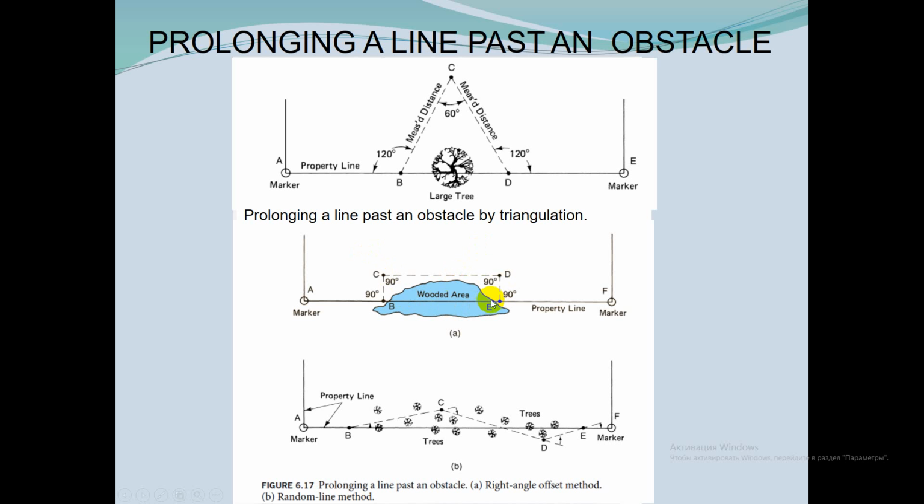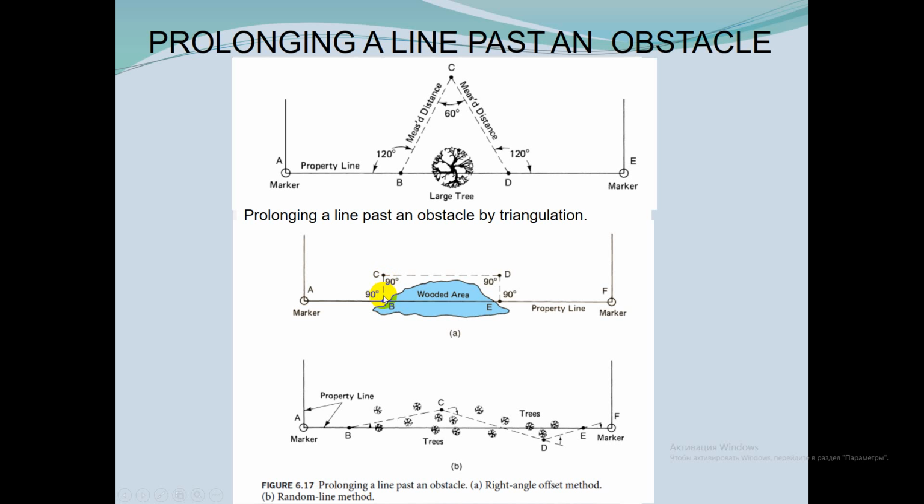The survey continues normally to point B, just clear of the wooded area. At point B, a right angle is turned and doubled, and point C is located a sufficient distance away from B.